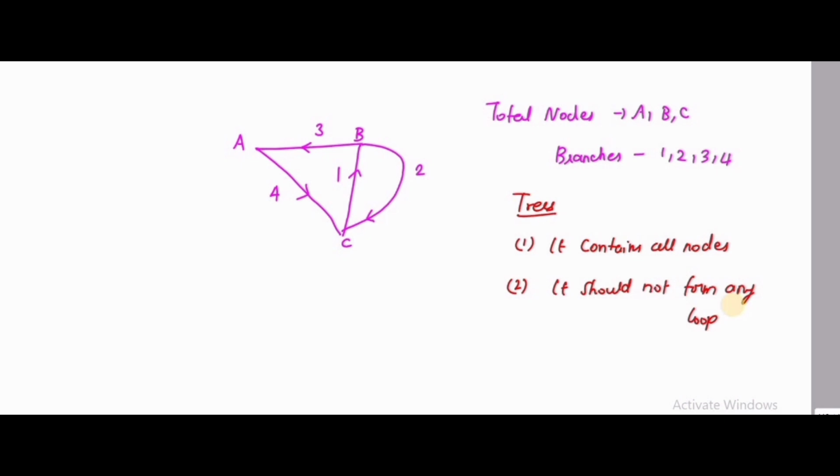Then the terminal nodes should be 2. You can see I have drawn the 3 nodes A, B, C, and without forming a loop, I have connected all the nodes. So this is your first tree, and the second tree can be drawn from A to C and B to C. So this is another tree.